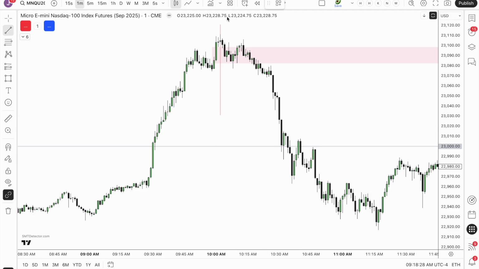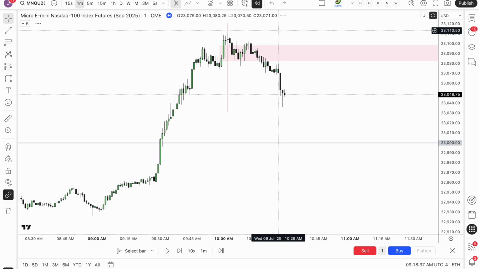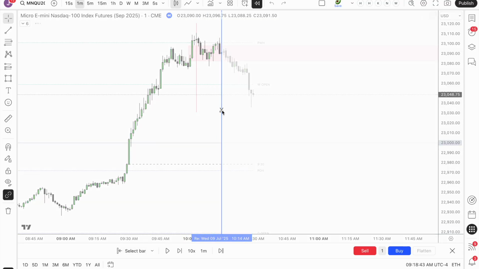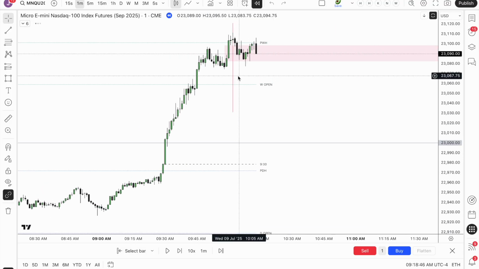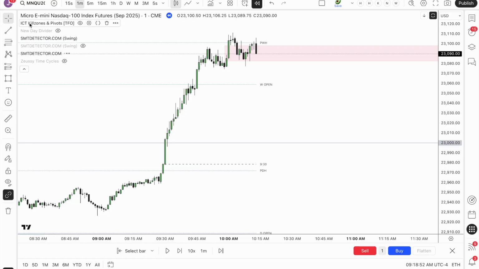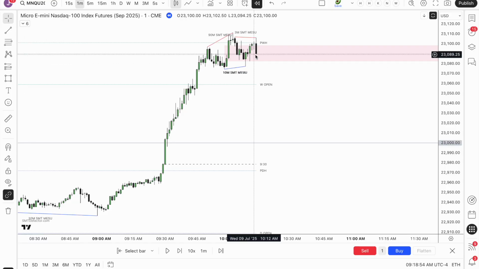And there might be SMT here. Let's see if there is. Okay, so SMT on this side and on this high and that high.